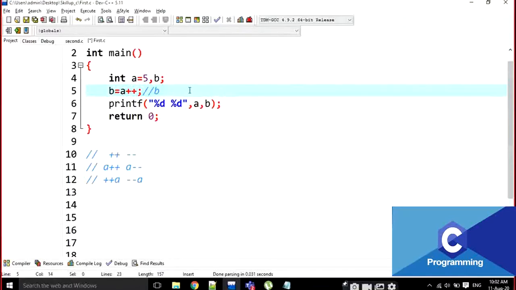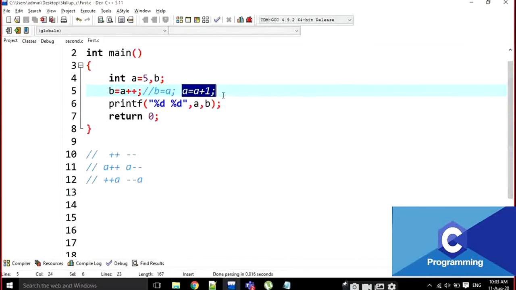Post means after the operation. That means this is step 1, and A is equal to A plus 1 is the second step. This is the first step and this is the second step.